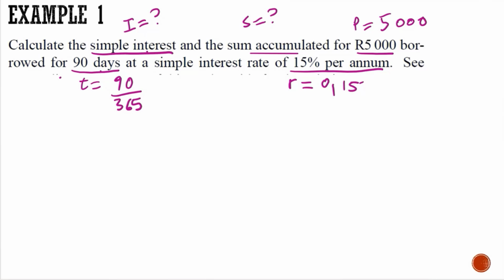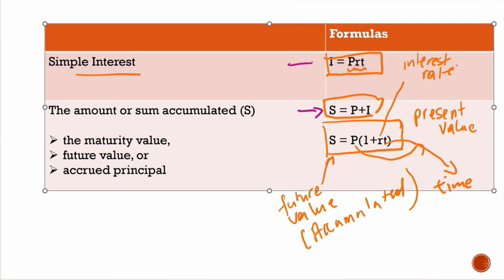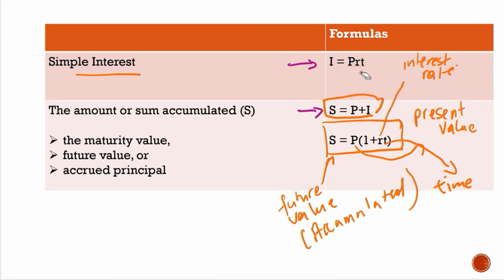And now the formula that you would use here, because there are different formulas that are there for you. Let's look. You are looking for the accumulated amount, and you are also looking for the simple interest.